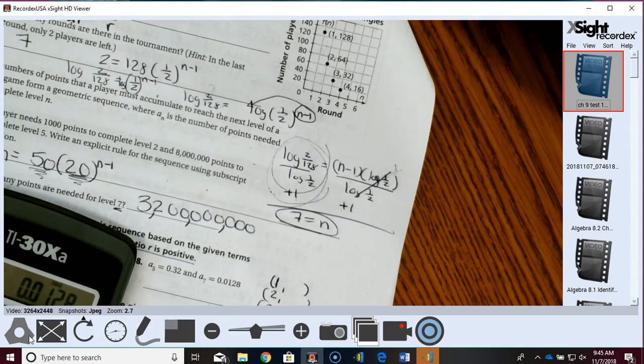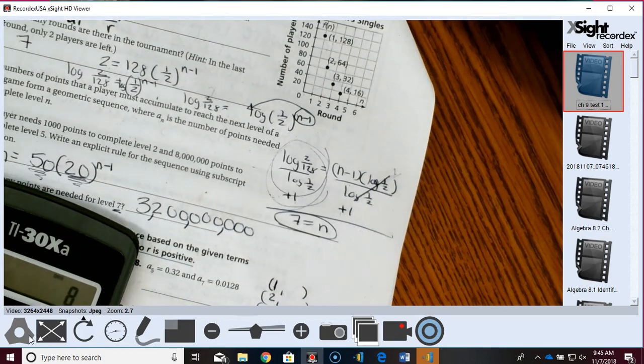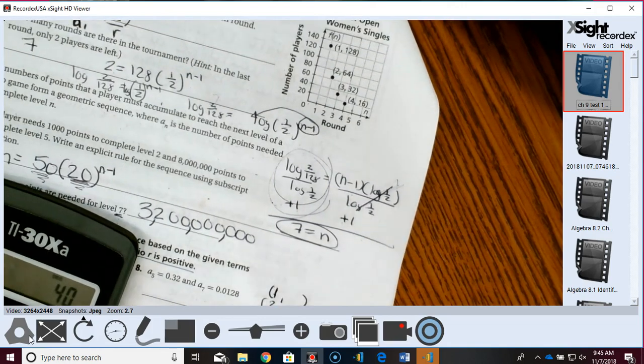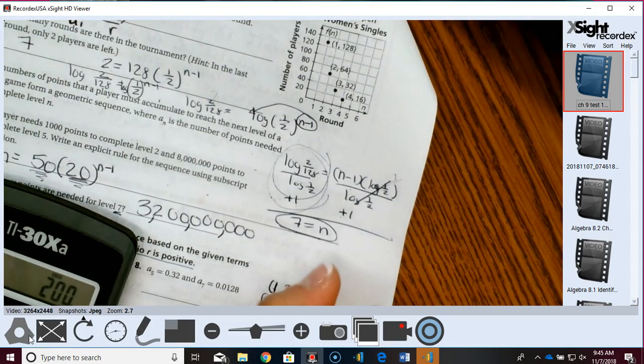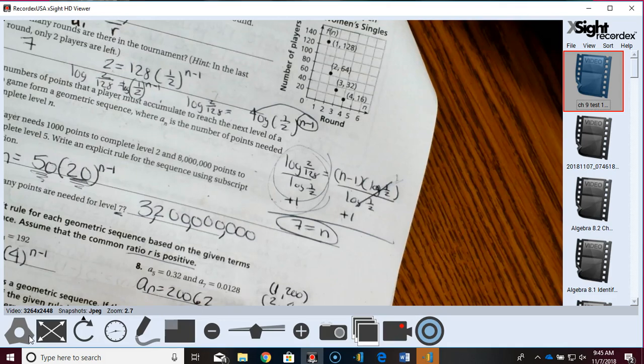Okay, so then divided by 0.2. So 0.32 divided by 0.2. This one would have been a to the n equals 200 times 0.2 to the n minus 1.